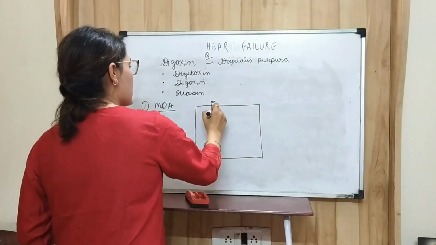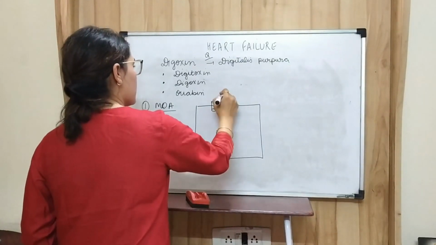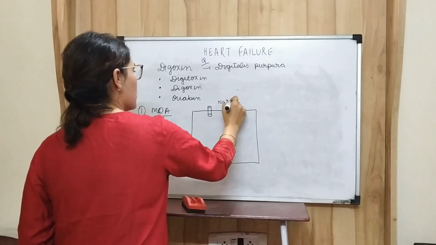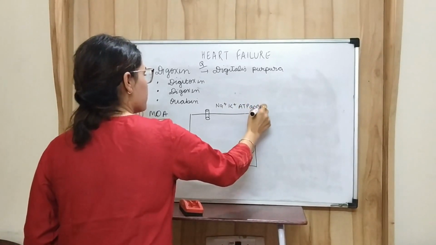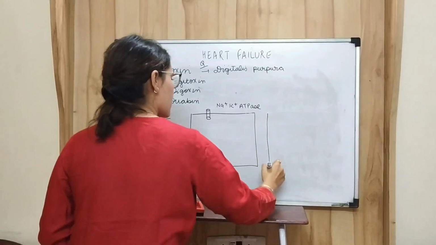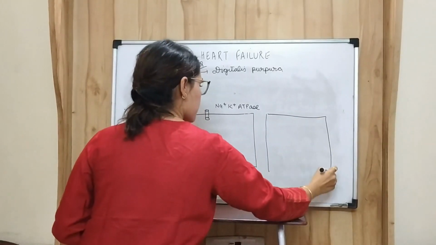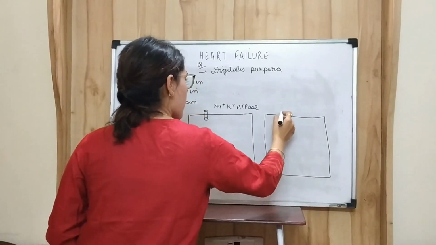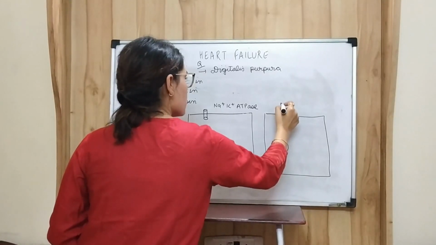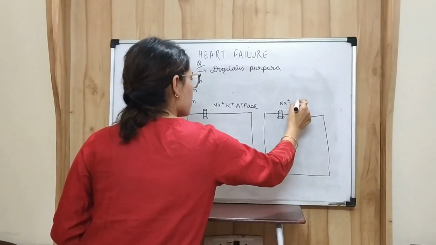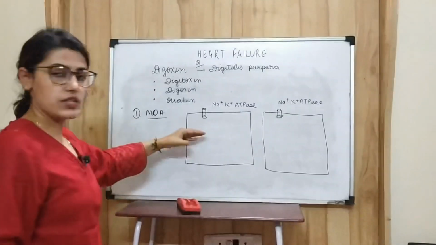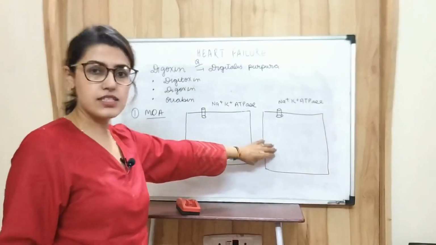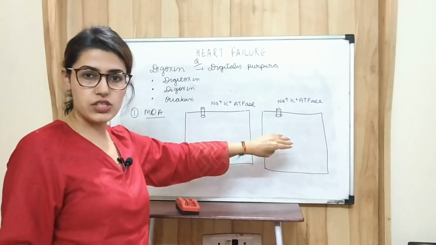There is an enzyme present here, the sodium potassium ATPase enzyme. Here also we have the sodium potassium ATPase enzyme. Supposedly this is the normal cycle and this is the myocardial cell on which digoxin is acting.